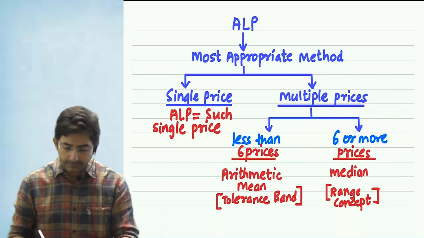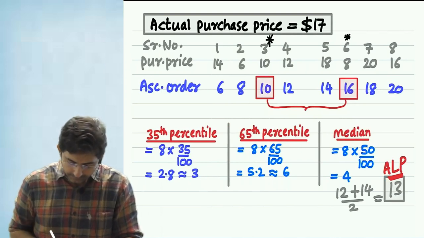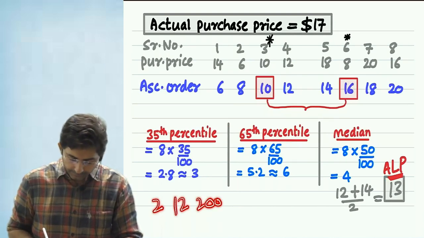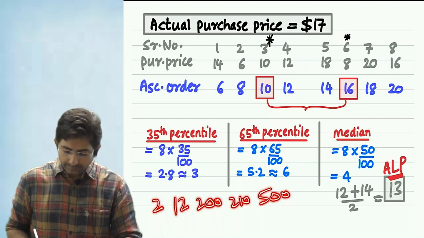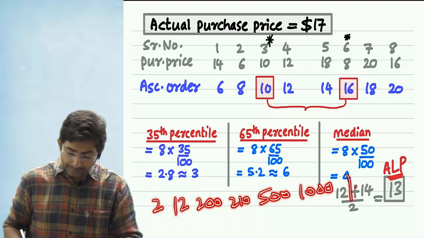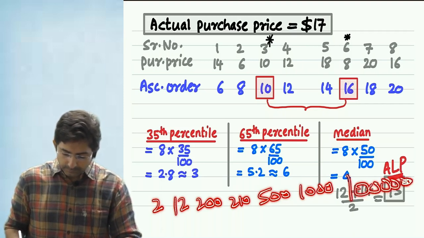For example, see, if I give data like this: 2, 12, 200, and then 210, and then suddenly 500, it is ascending only. And then wait, let me give 1000, and suddenly say 1 lakh. So tell me which is the centralmost?